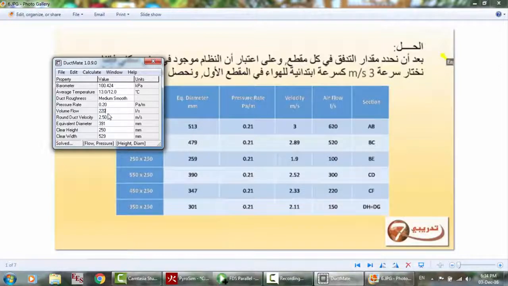here is the equivalent diameter, 348, 347. Here is according to the chart, here according to the software, so you have to know what's going on and what is the best. 250, and here 412. Here is according to the chart, according to the available in the markets, 450. Okay, then volume flow rate 150, equal friction method 210.